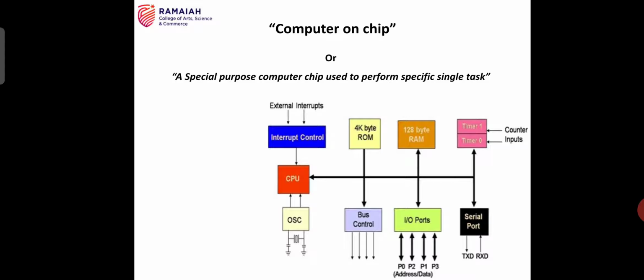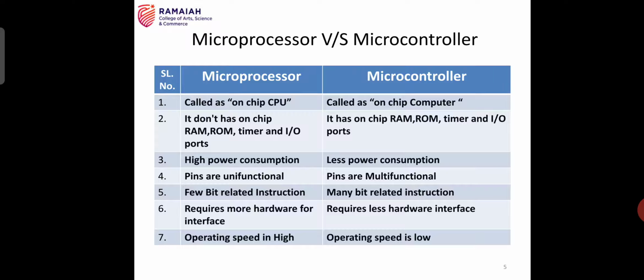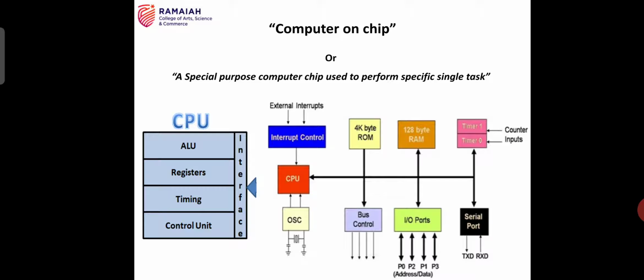A microcontroller is a computer on a chip, or you can elaborate it as a special purpose computer chip used to perform a specific single task. It includes the CPU with small peripheral devices like a small amount of memory, timers, IO ports, serial ports, bus controllers, oscillators, and interrupt controllers.